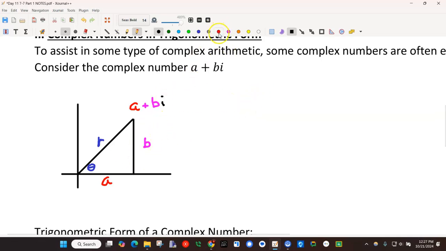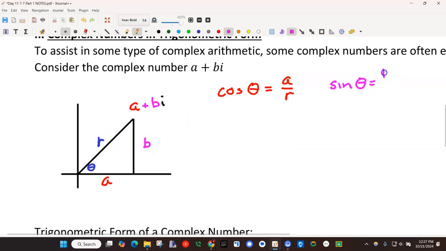So when we proved that cosine was the same as x, all we did is say, well, cosine of theta is equal to adjacent over hypotenuse, a over r. And then we said the sine of theta was equal to the opposite over hypotenuse.